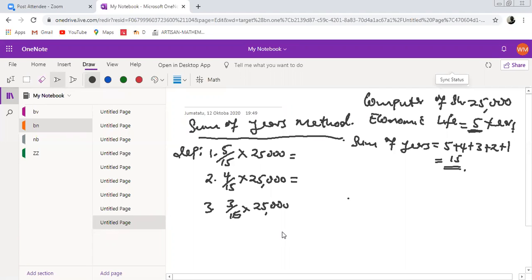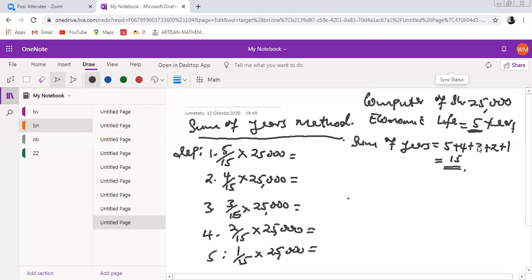Year 4, 2 years will be remaining, out of the sum of the years times 25,000. Then year 5, only 1 year is remaining out of the 15 times 25,000. So that is how you get depreciation for each and every year for those 5 years.